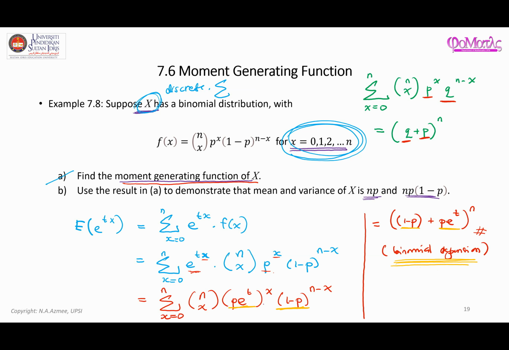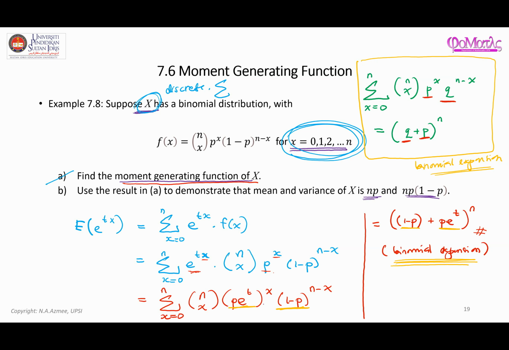For now, just take this formula for binomial expansion as something useful to remember. I should create one video to talk about the idea of it, and I will talk about it in the next video.